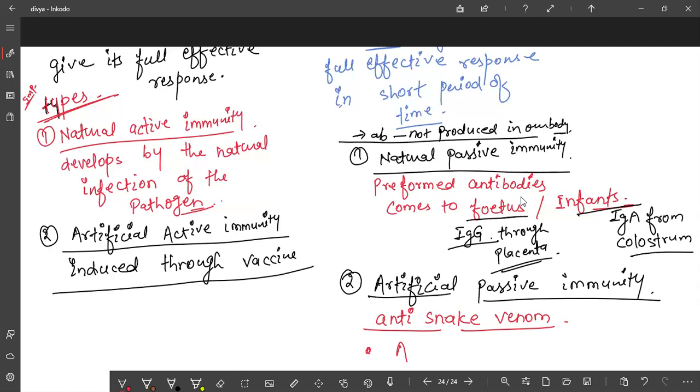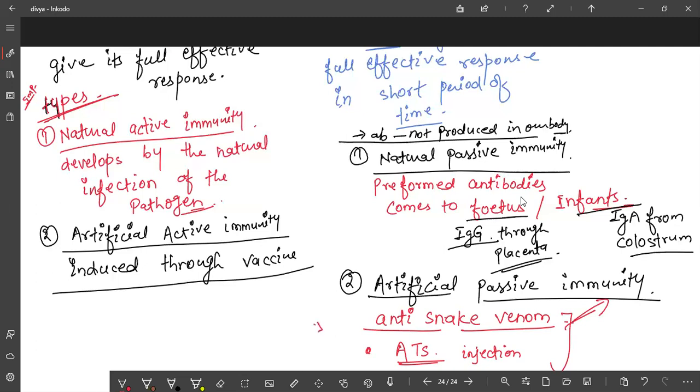Suppose we get cut by any sharp iron object, then we are advised to take a tetvac injection or ATS injection, that is anti-tetanus serum. So this ATS injection or anti-snake venom comes under this type of immunity, artificial passive immunity.